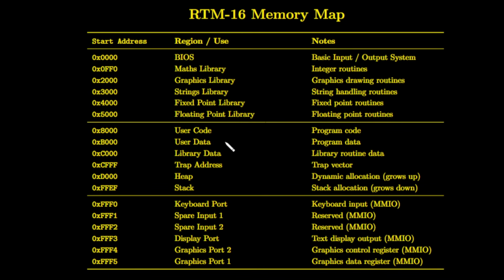So here is our memory map for the RTM16. We're going to have our starting address, and this represents the starting address of each of these library functions. Now I haven't put in the end address.